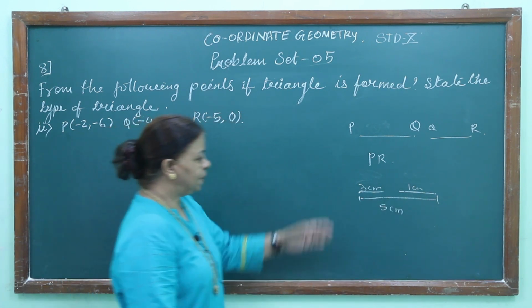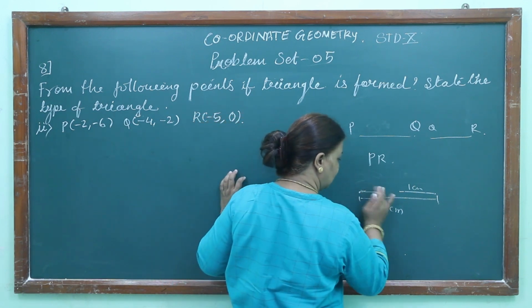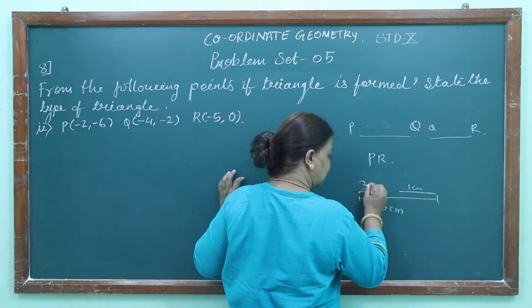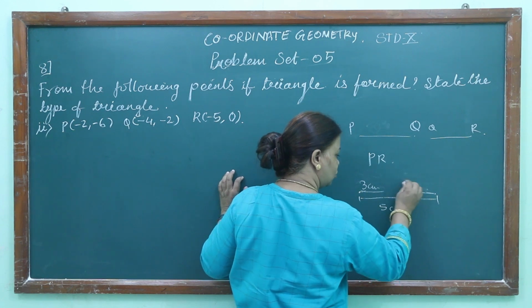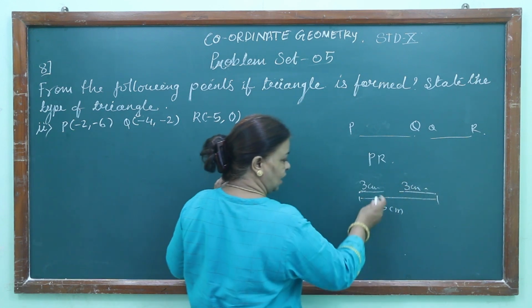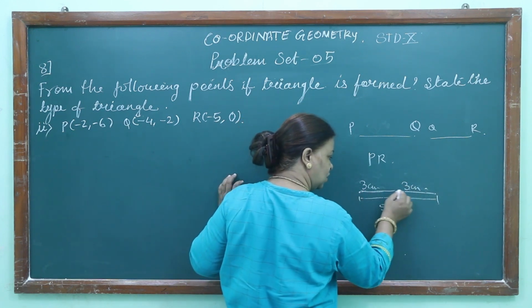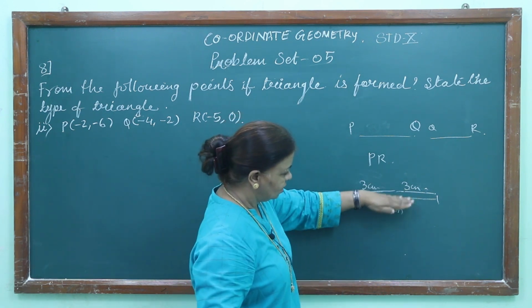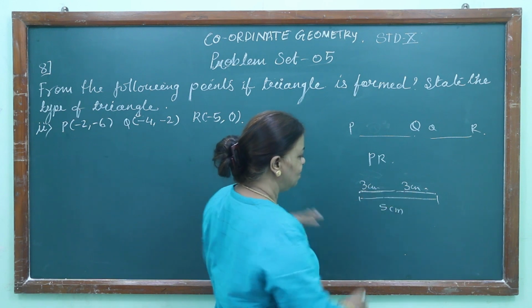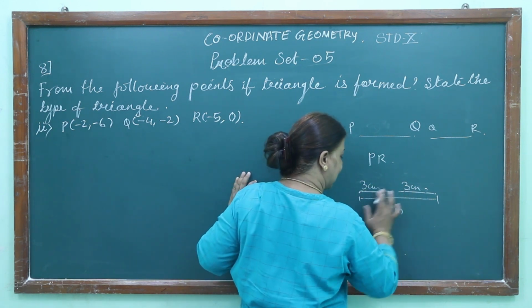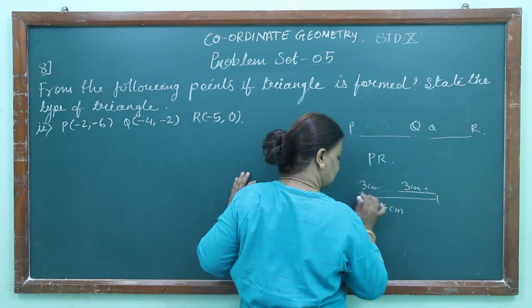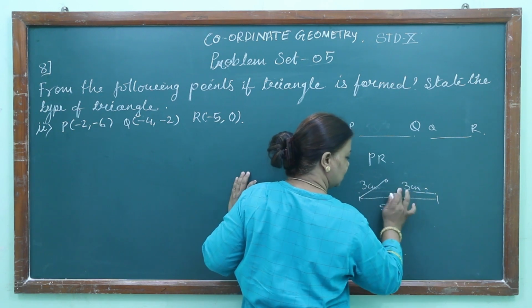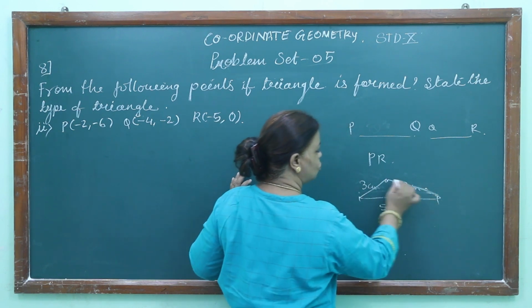But if this would be 3 centimeter and this would also be 3 centimeter, and I keep them on this line, they will not completely cover this line, but they will be a little bit raised like this, and that constitutes a triangle.